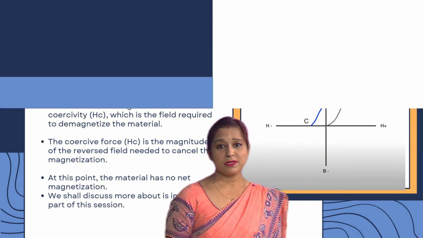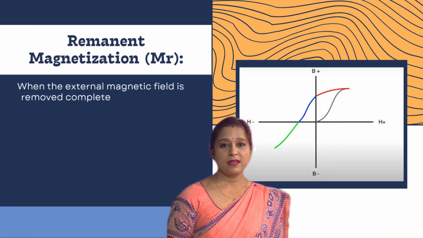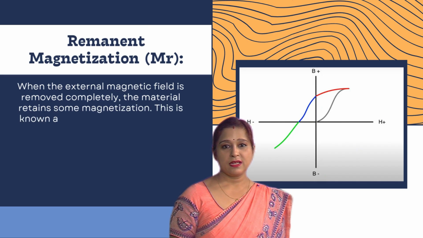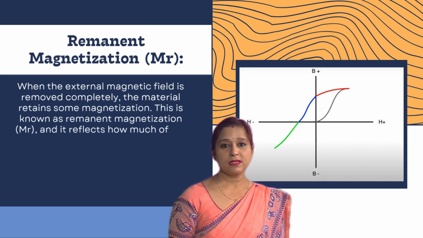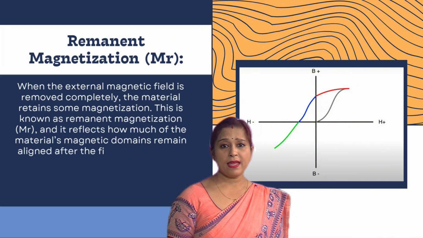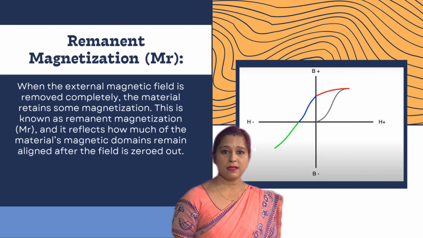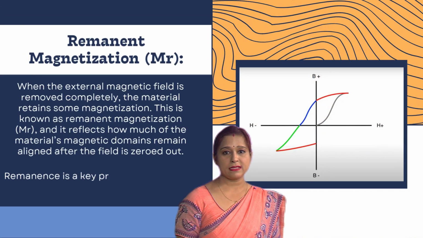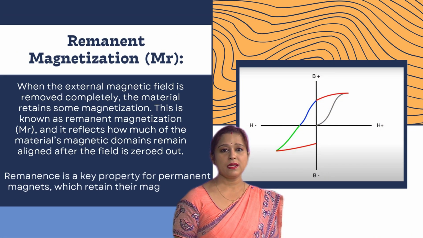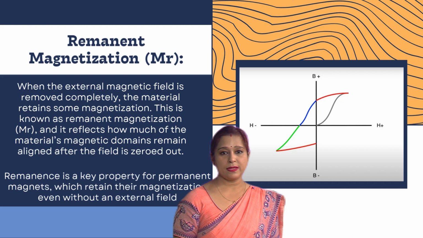When the external magnetic field is removed completely, the material retains some magnetization. This is known as remanent magnetization, and it reflects how much of the material's magnetic domains remain aligned after the field is zeroed out. Remanence is a key property for permanent magnets, which retain their magnetization even without an external field.